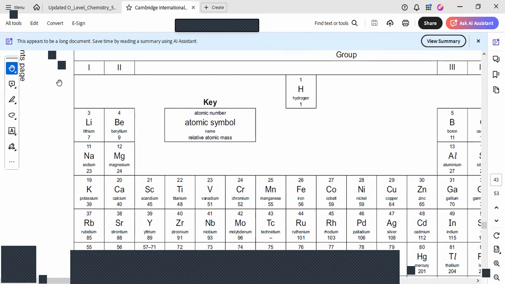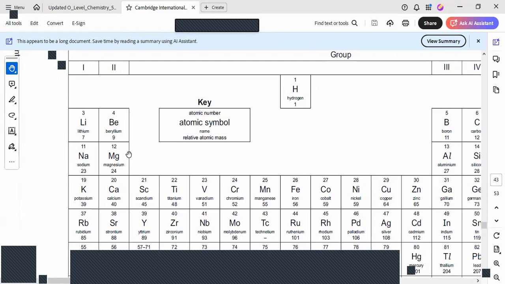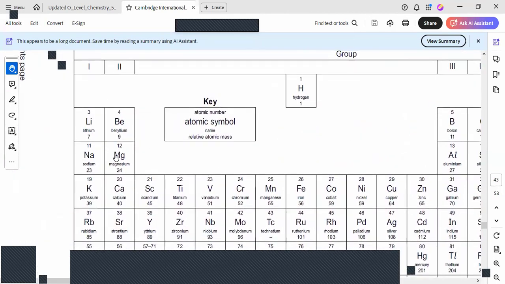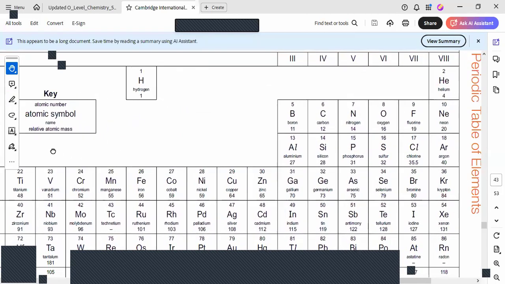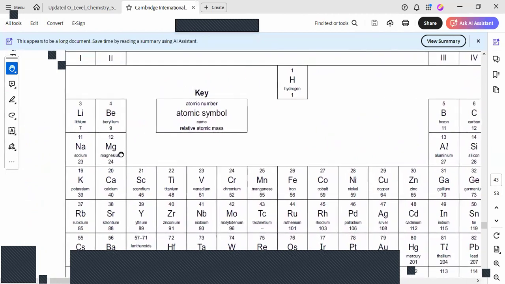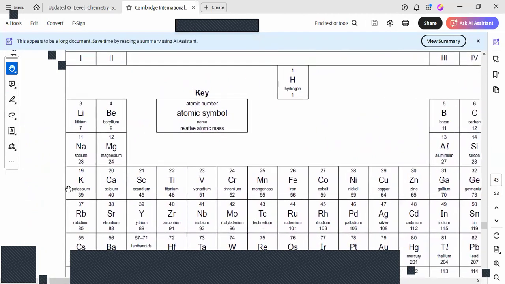The period number represents the number of electron-filled shells. For hydrogen and helium, it is only one. Lithium to neon, it is two. For sodium to argon, it is three. And for potassium and calcium, it is four. Four electron-filled shells will be there.